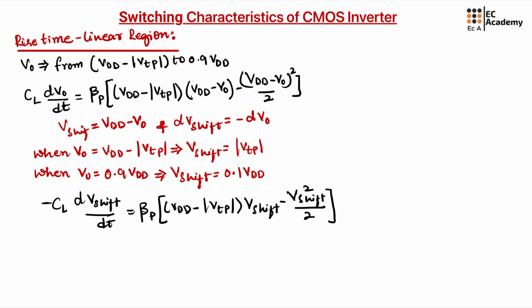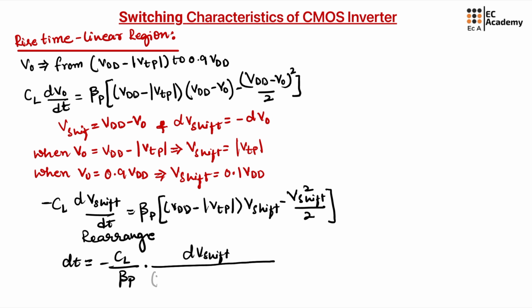If we rearrange the equation, we will get dt will be equal to minus CL divided by beta P into dV shift divided by (VDD minus absolute value of VTP into V shift minus 1 by 2 V shift square).